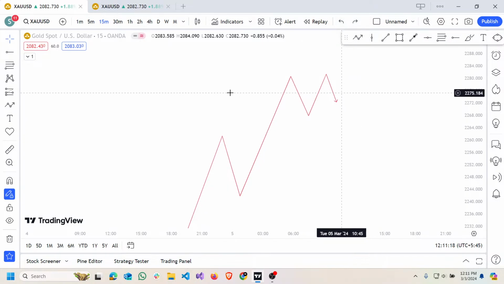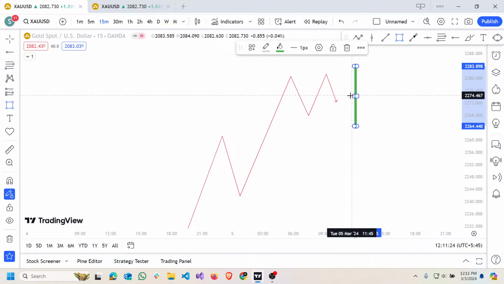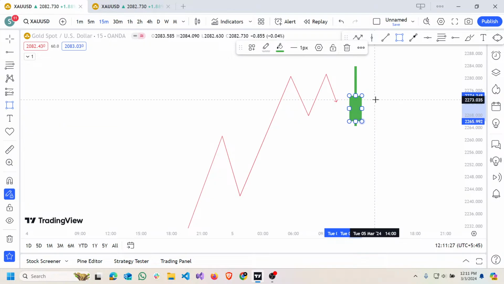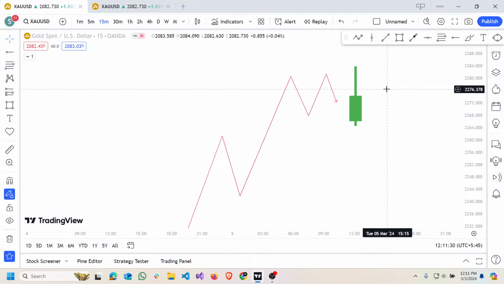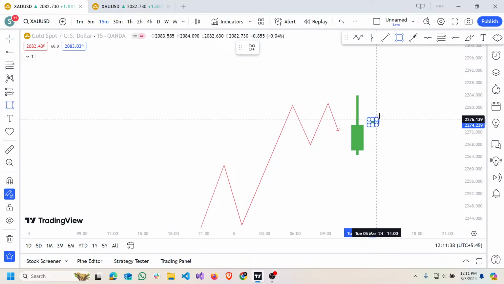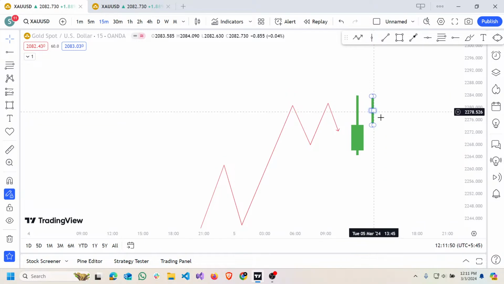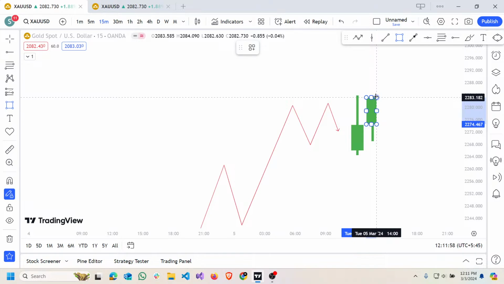So here, what happened is there was this 4 hour. It created this, and what the first 4 hour did was it filled the top wick first, came down, created a bottom wick, and so it created a top wick.